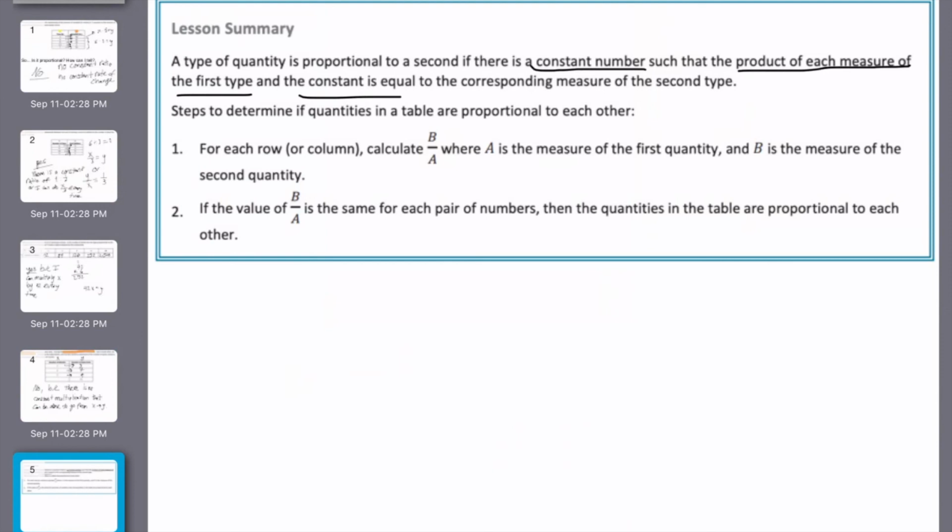So I'm going to say that first type is A times our constant, which I'm going to label C, equals our second type. You could also do x's and y's. So x times our constant equals our second value.